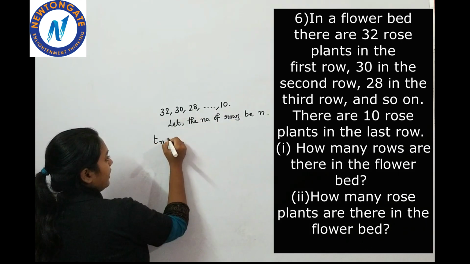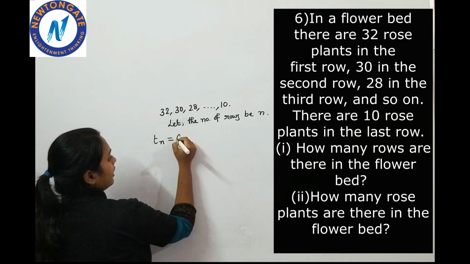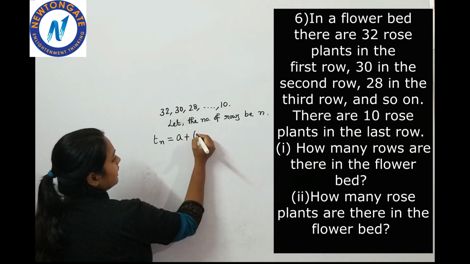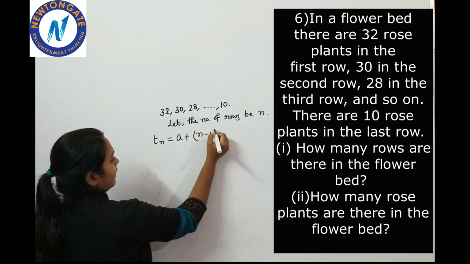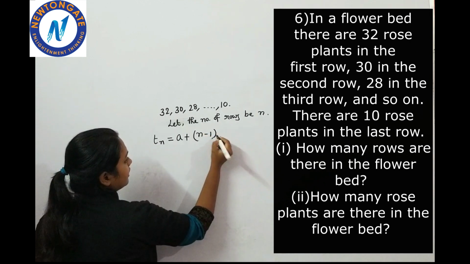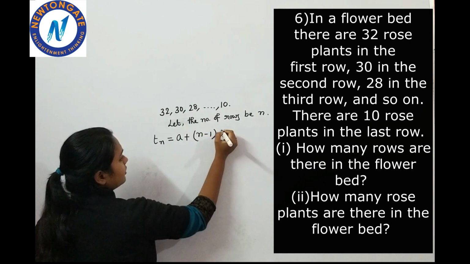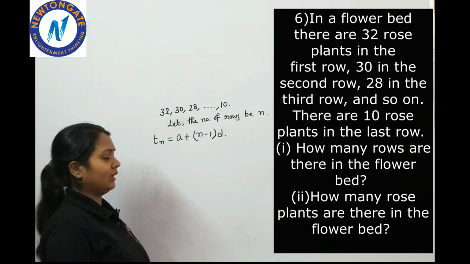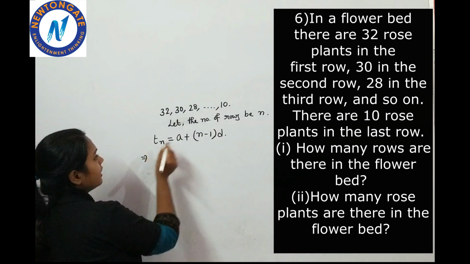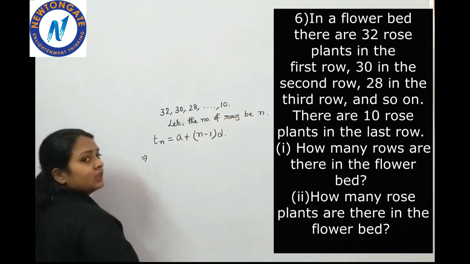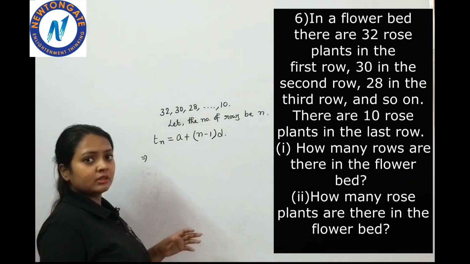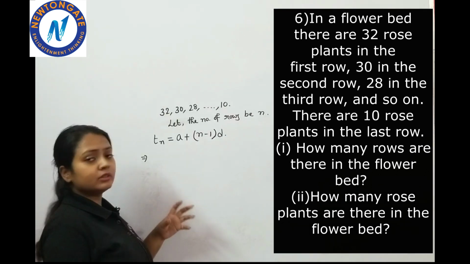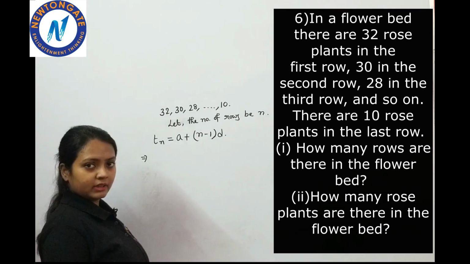Tn equals a plus (n minus 1) into d. Okay, we use the formula here. Now, here the last row has 10 plants, right?